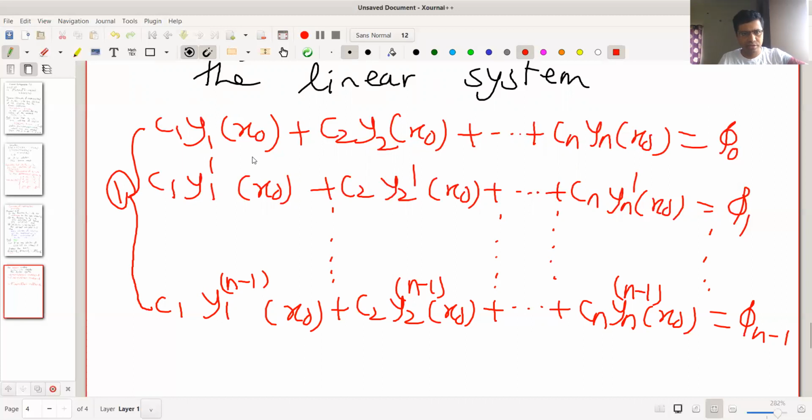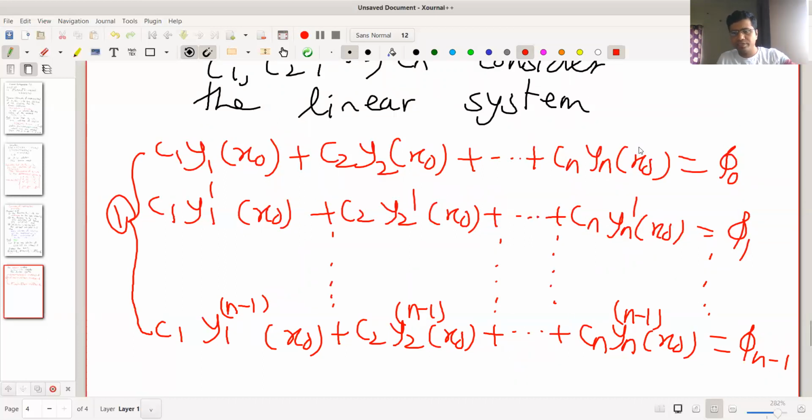Note that we know all these values y1, y2 and so on yn. So y1 of x naught will be a fixed constant value, y2 of x naught and so on, yn of x naught. All these are known values. Right hand side phi 0 is known. Similarly, in the second equation also y1 dash x naught, y2 dash x naught and so on, yn dash x naught and phi 1, all these are known.